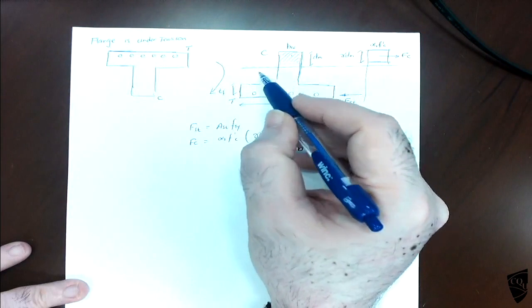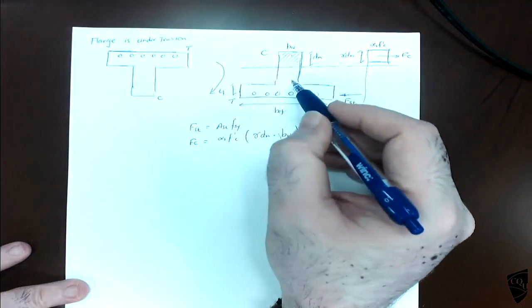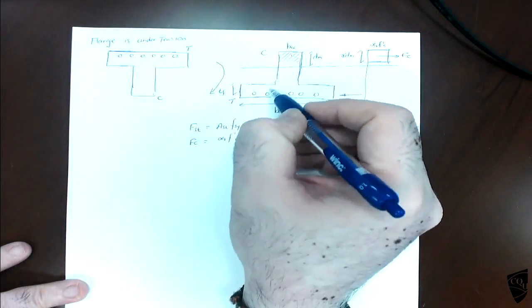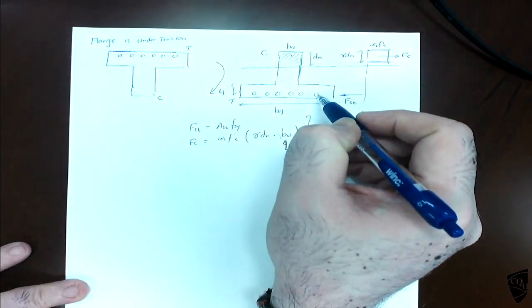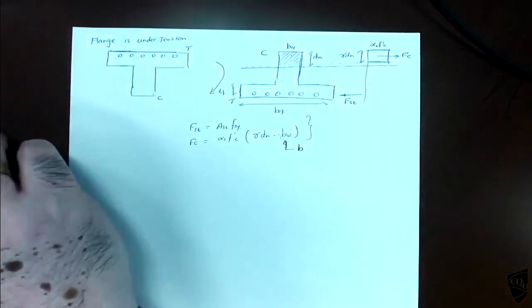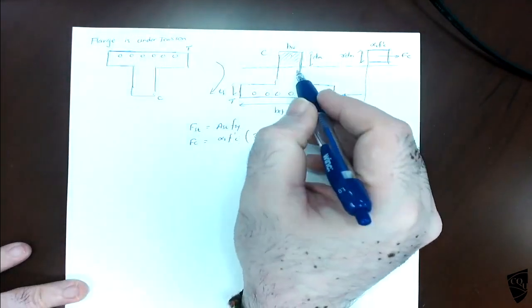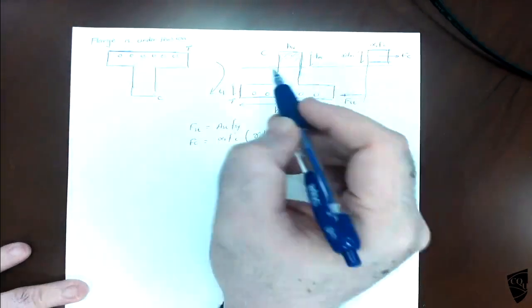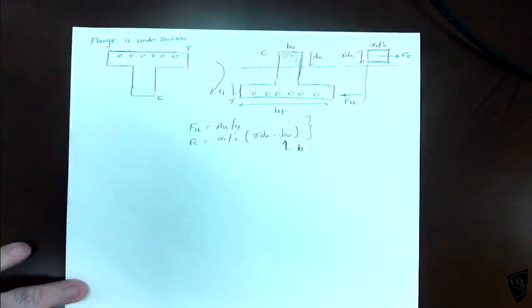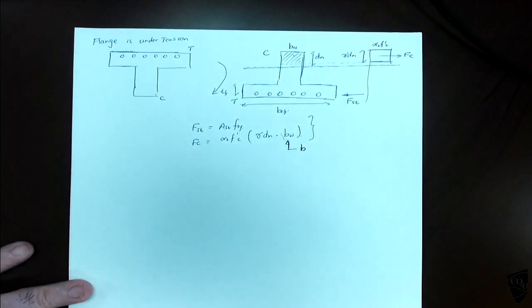So this part is not effective; the concrete section is not effective. So I don't worry about whether it's a T section or rectangular section or circle, because below that we don't consider any of the concrete. We ignore the concrete below the neutral axis.